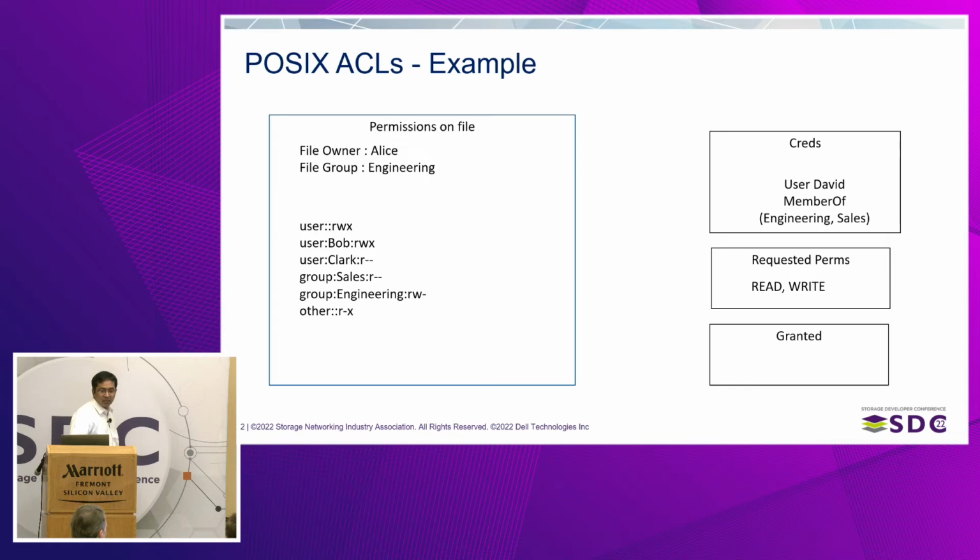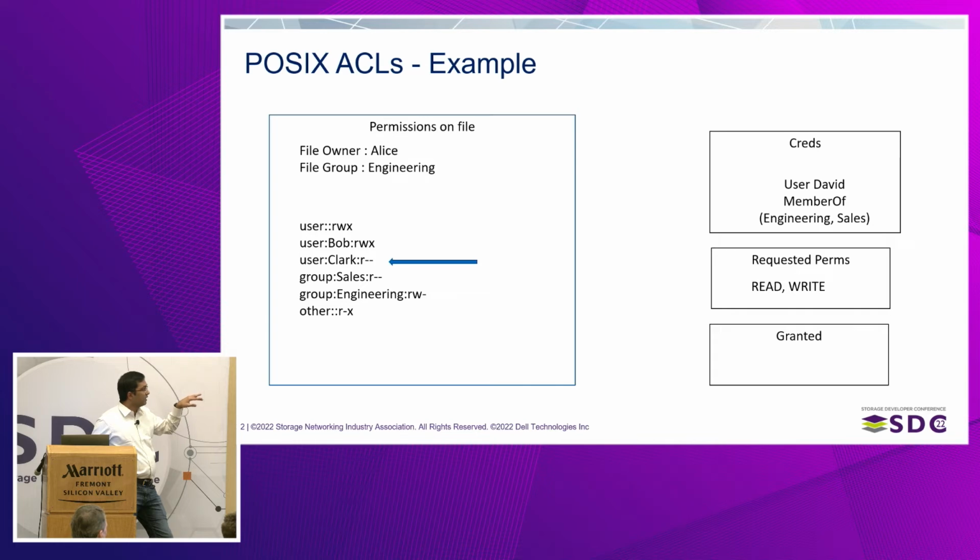Okay, now let's look at the multi-group case. In this case, David is a member of engineering and sales. Sales grants read, and engineering grants read, write, and he's requesting read, write permissions. David is not an owner of the file, so this is skipped. You go to Bob, again a user ID mismatch.